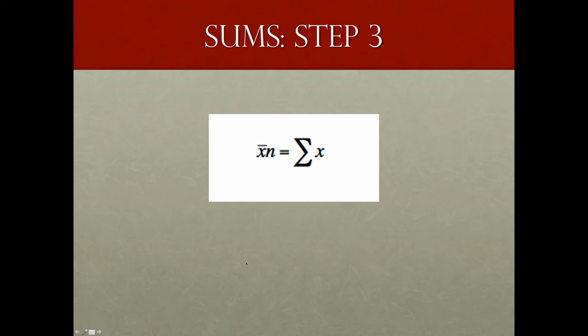So step number 3 says, in a nutshell, that we can find the sum of our scores always and forever by taking the sample size times the value of the sample mean.